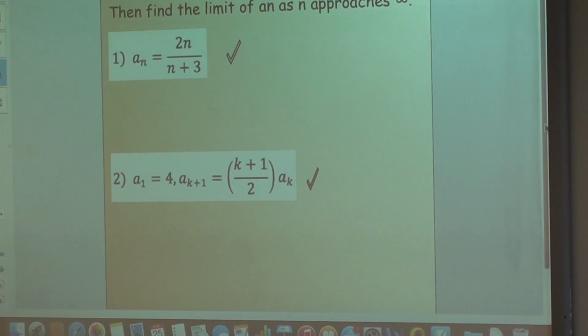So, could you L'Hopital it? 2 over 1, which is 2. You could do horizontal asymptotes. Exactly. Same degree top and bottom, quotient of leading coefficients.